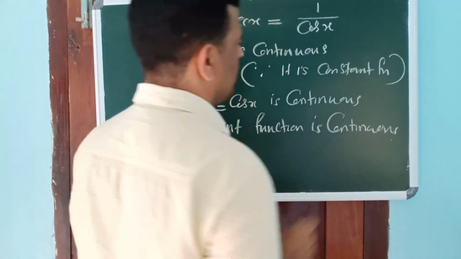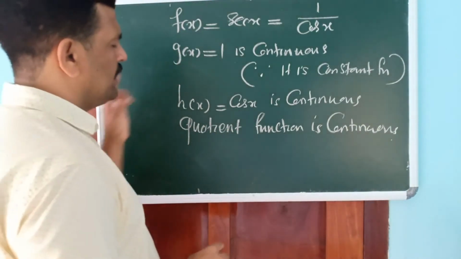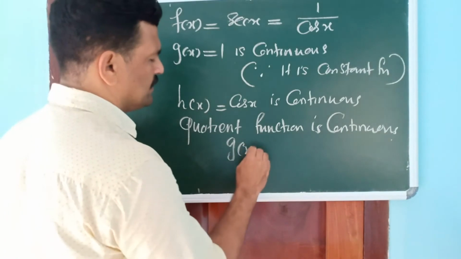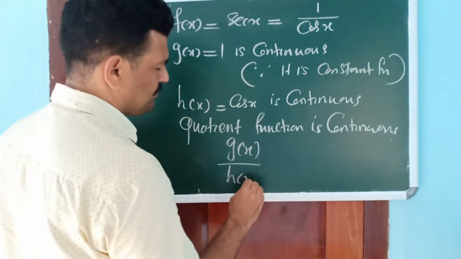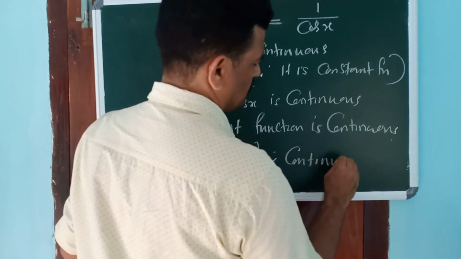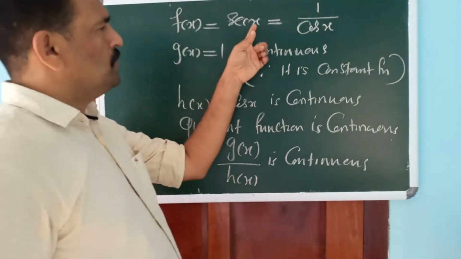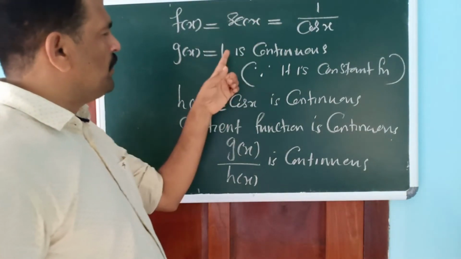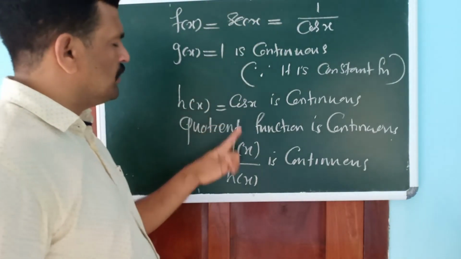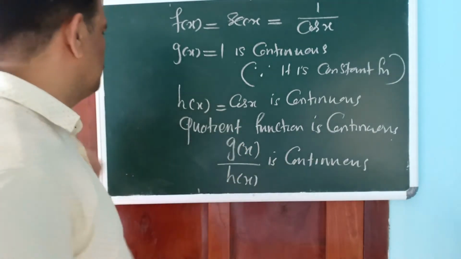That means if f and g are two functions, then f by g is continuous. Therefore, here we can write g x by h x is continuous. If f of x equal to secant x, g of x equal to 1 and h of x equal to cos x, then g of x divided by h of x is continuous.